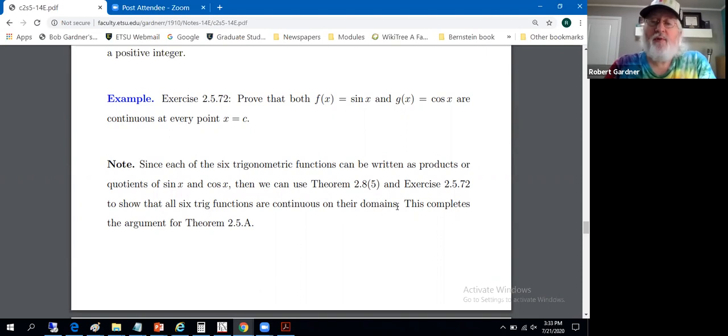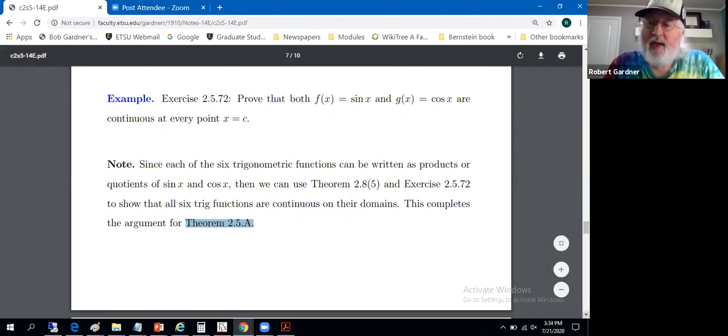Not continuous everywhere, but continuous everywhere that they're defined. Tangent functions are not defined at pi halves, for example. Cotangent functions are not defined at 0, for example. Upstairs is theorem 2.5.a, I called it. We made the claim that polynomials, rational functions, and all 6 trig functions are continuous on their domains, and now we've got justification for that.